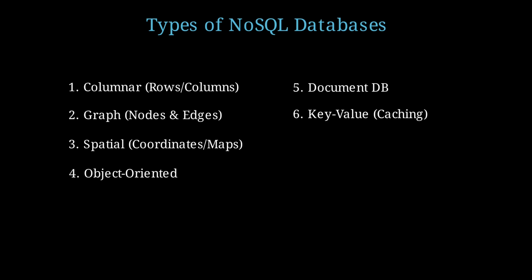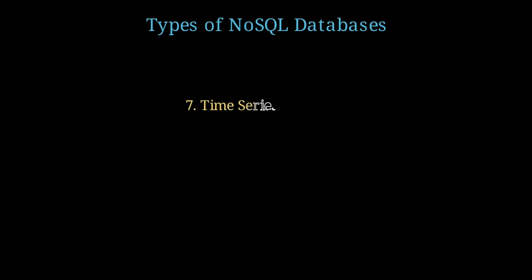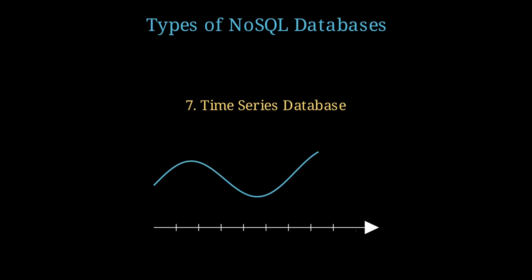And another is the time series database, generally used to store data as timestamp and value. For example, Prometheus and Cortex are time series databases.